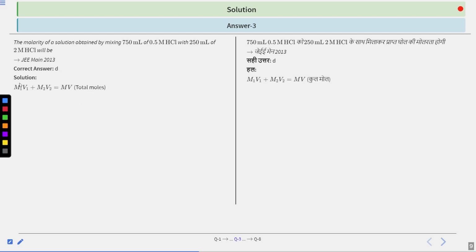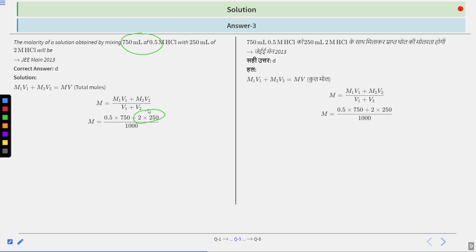So this is the formula, M1V1 plus M2V2 gives us the total number of moles, right? And molarity is the total number of moles divided by the total volume, which is 750 plus 250. Now putting all these values, 0.5 into 750, total number of millimoles, and 2 into 250, divided by total volume, which is 1000. Now you will say, why don't you convert this milliliter into liter?